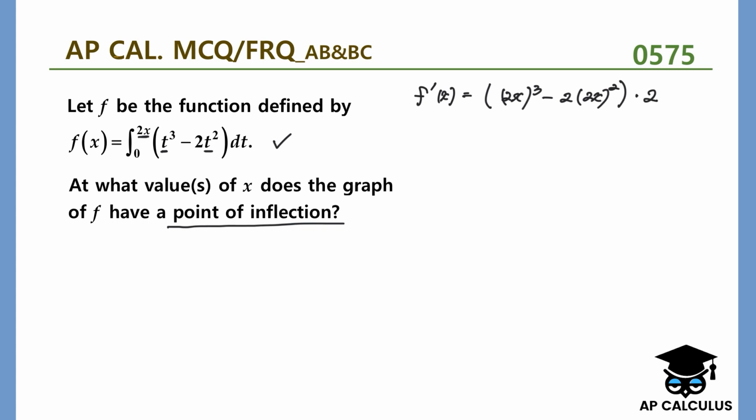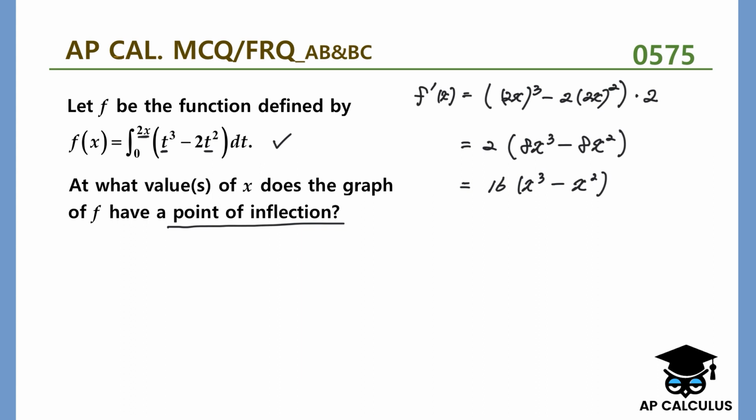right? So that is equal to 2 times, if we simplify inside the parentheses, that's going to be 8x cubed minus 2 times 2 squared, that's also 8x squared, right? So that is equal to, if we factor out 8, that's going to be 2 times 8, 16 times x cubed minus x squared, right?